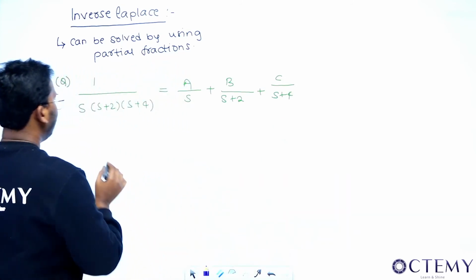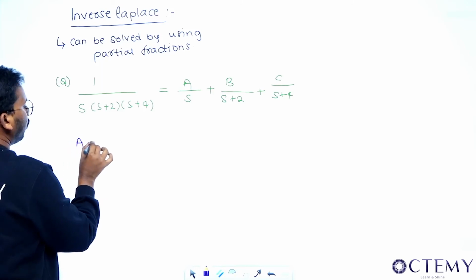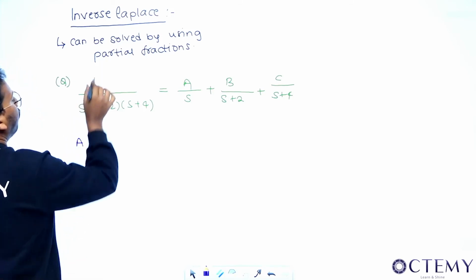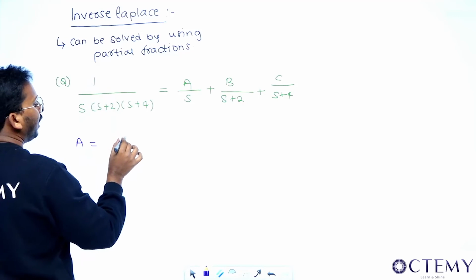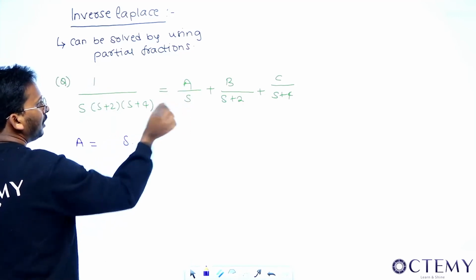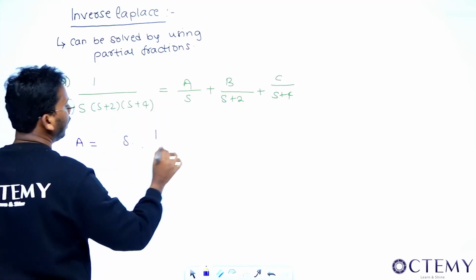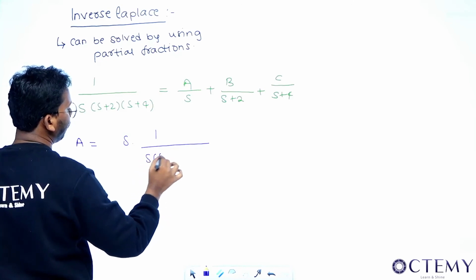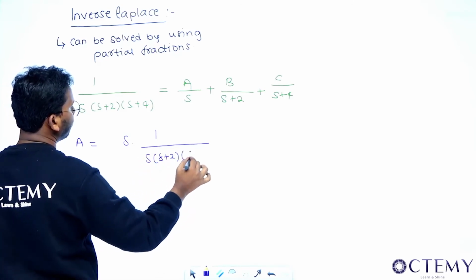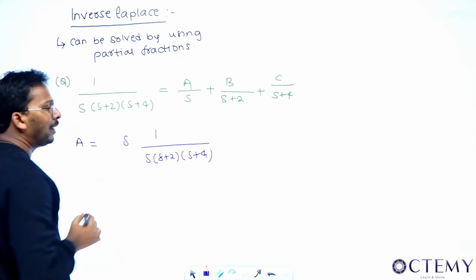Now whenever you want A, see sir, whatever is given here, you multiply it with s, because the denominator of A is s. See what is given? It is given as s into (s plus 2) into (s plus 4).